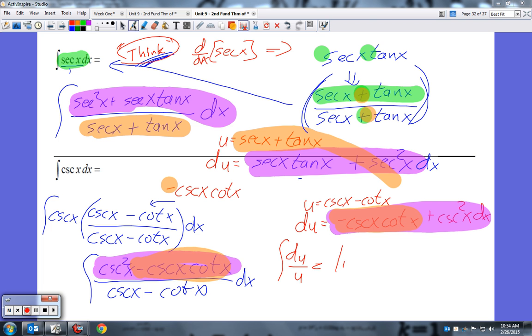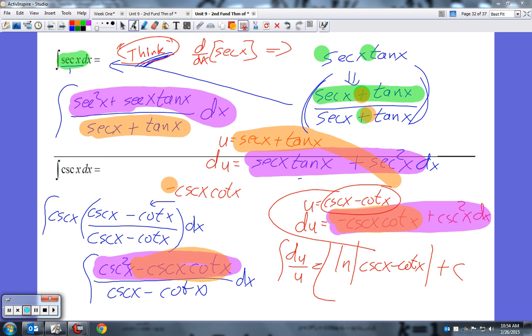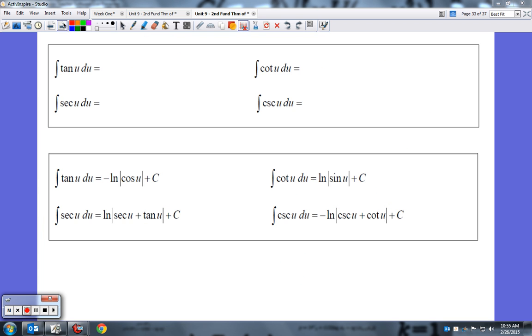So the integral is the natural log of your u term. Your u term is this guy, so it's cosecant x minus cotangent x. To me, guys, this is the best way that I can give to you to memorize it fast. Okay? Alright, so now let's go to this thing right here. To make sure that you have these memorized in the forms that it can be, or how it can change as far as what you would write comparatively to what other people would write.